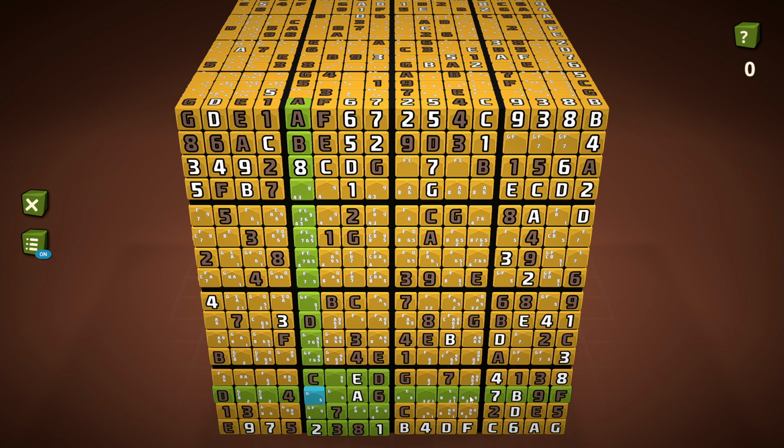Wait, what else is there in this box? E. Okay. So anyway, no G, no G, no 5. No 5, no 5. Oh, this can't be 5 now. So supposedly this can only be a 9.